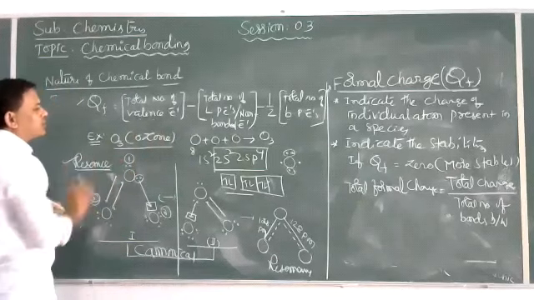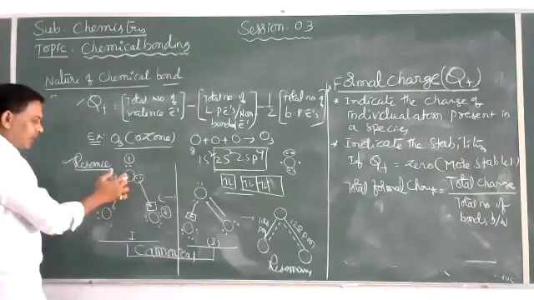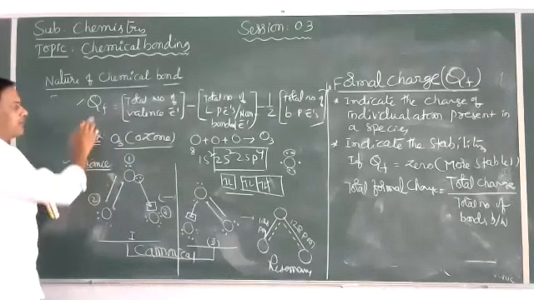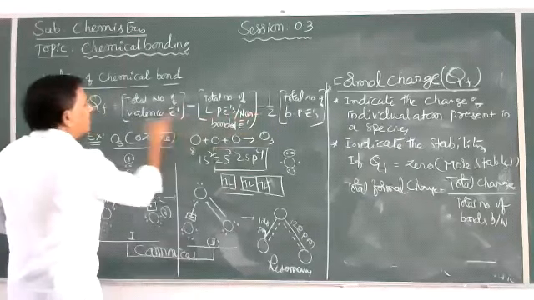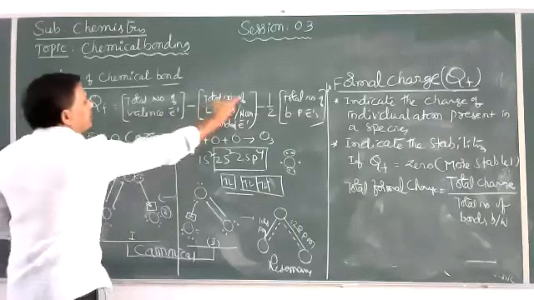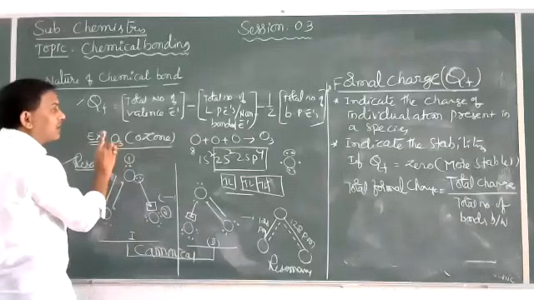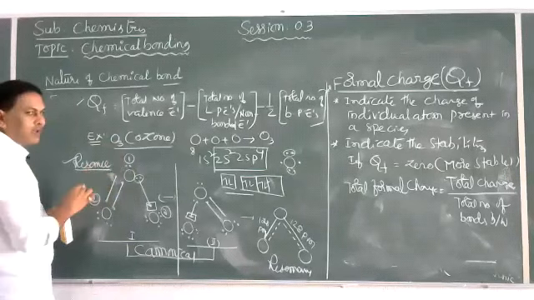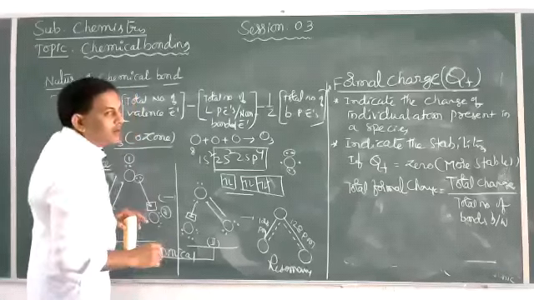To calculate the formal charge of oxygen in O3, ozone, or any molecule, the formula is this. While calculating formal charge for each and every atom, always use this formula. Total number of valence electrons of this atom, minus the number of lone pair electrons, not lone pairs. Take the number of electrons, 2 electrons, minus, divided by 2, the total number of bonding pair electrons.